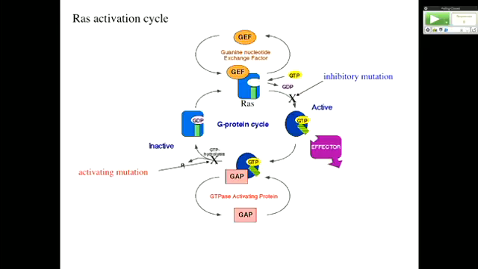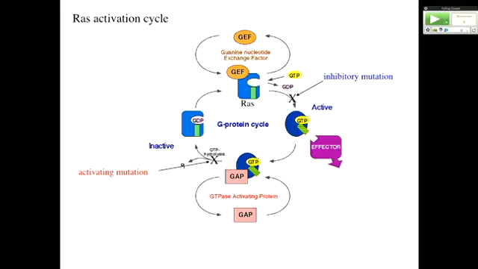Now, I'd like to just talk about a couple of very interesting mutations that were found in this G protein. One is an activating mutation. And this is similar to what we've seen with the toxins' effects on G proteins. An activating toxin, like cholera toxin, would affect this cycle, and an activating mutation would similarly affect this cycle.